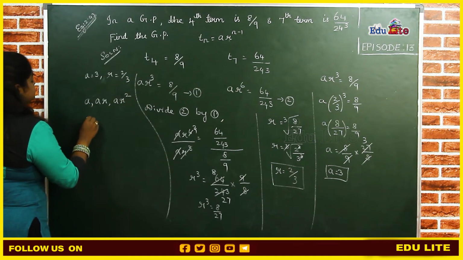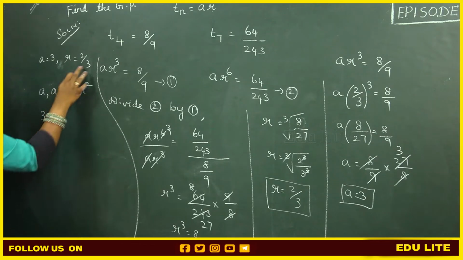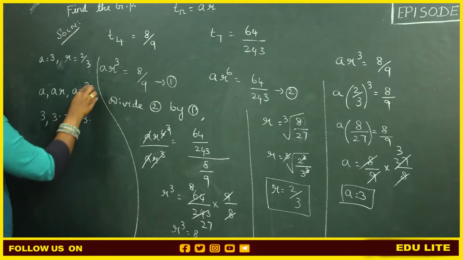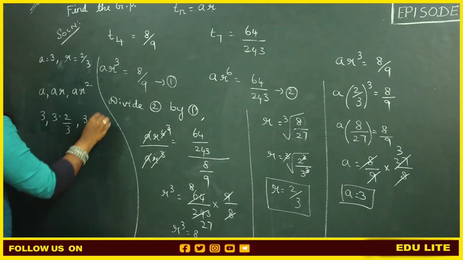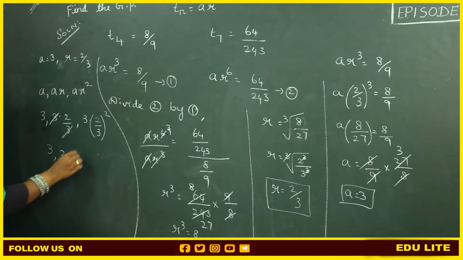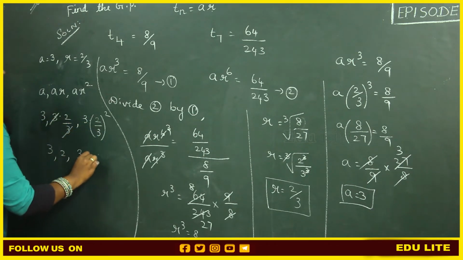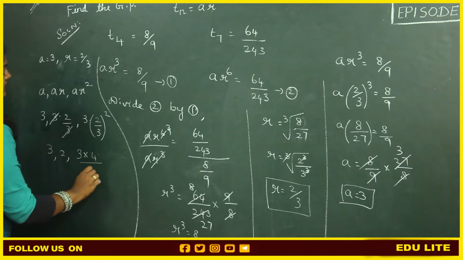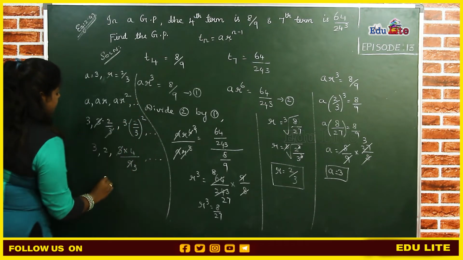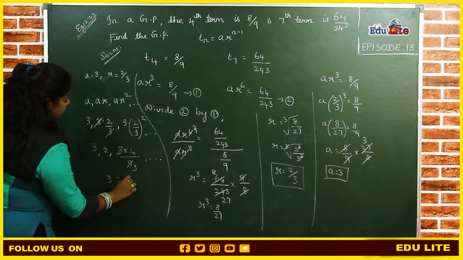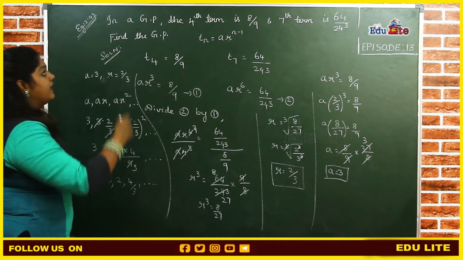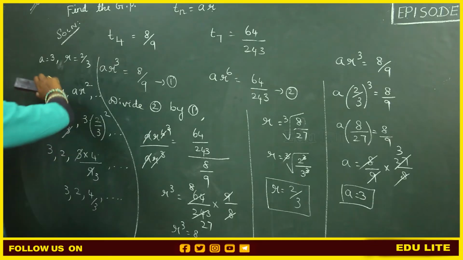So, a is 3, and a r is 3 into 2 by 3, where the 3 and 3 will get cancelled, giving 2. Similarly, a r square is 3 into 4 by 9, which is 4 by 3, and so on. Therefore, the GP is 3, 2, 4 by 3, etc. So, this is the GP for the given 4th and 7th terms.